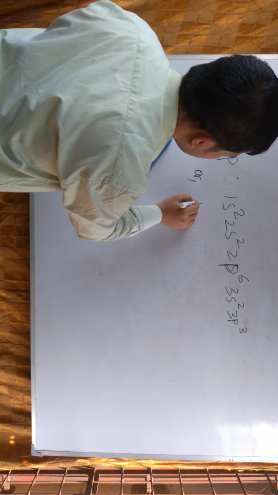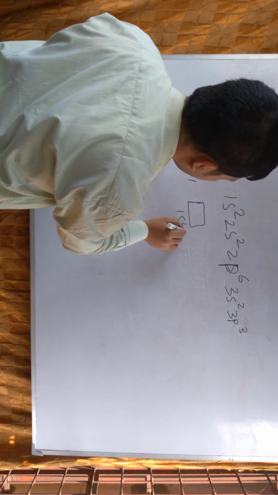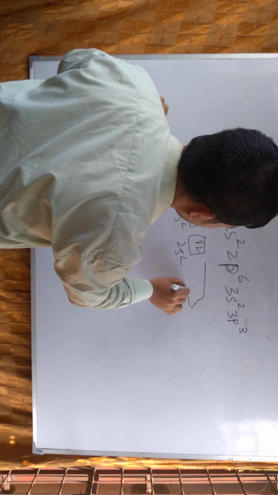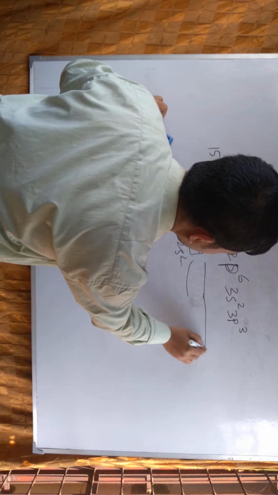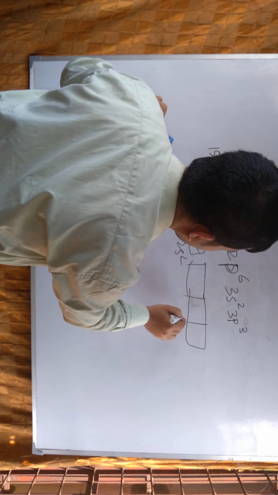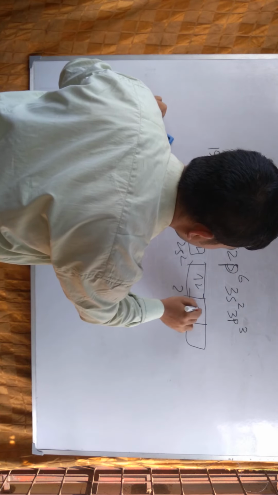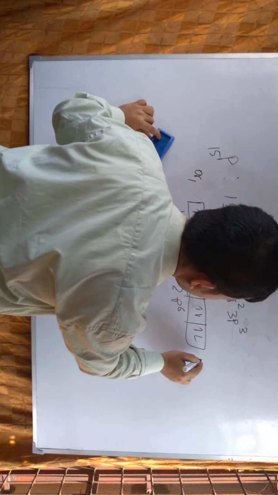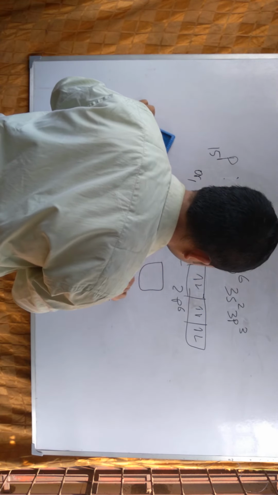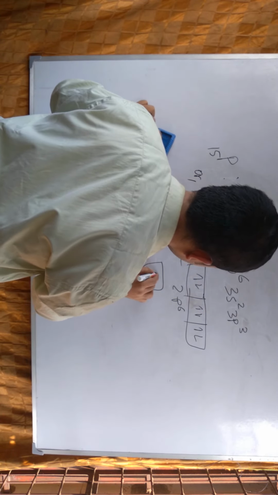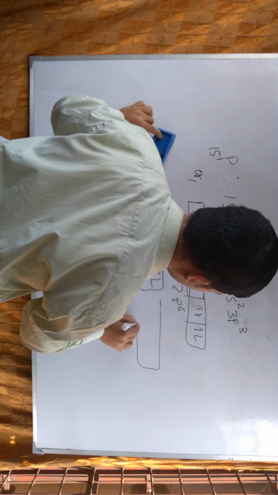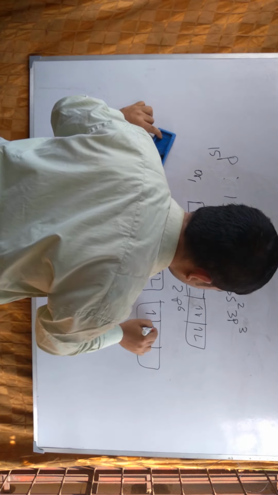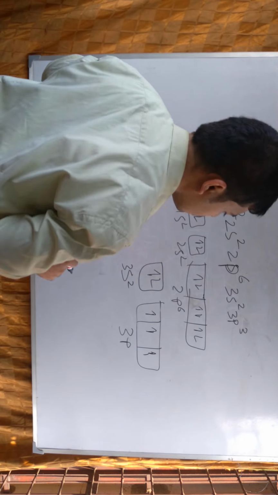We can also write the electronic configuration in orbital diagram: 1s2, 2s2, 2p6, then 3s2 and 3p3.